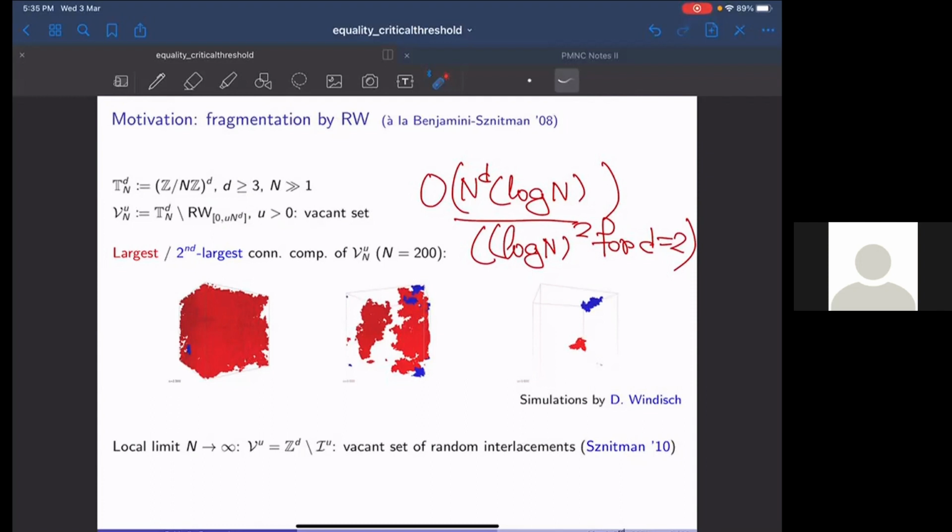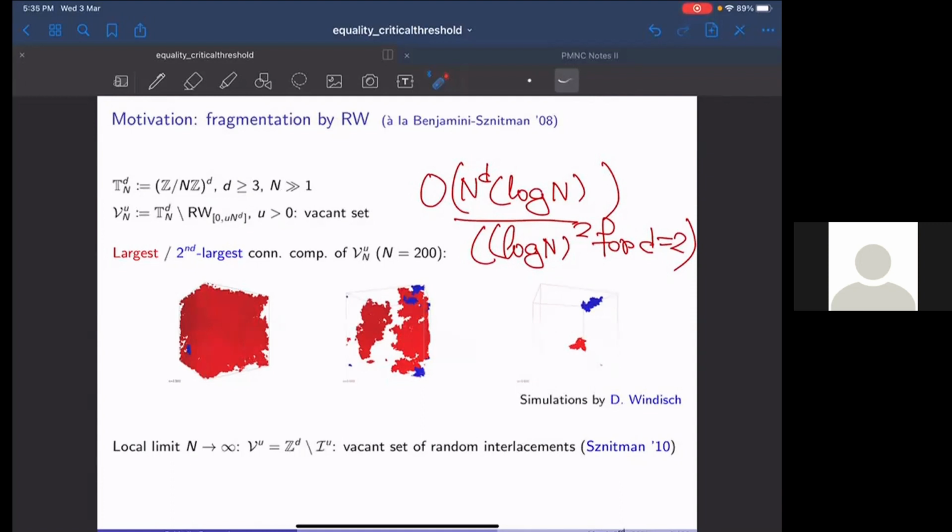Okay, so let me come back. Again, you run it until this time and everything is filled up. Instead, you run it until a time which is proportional to the volume. This is the so-called Poissonian regime.